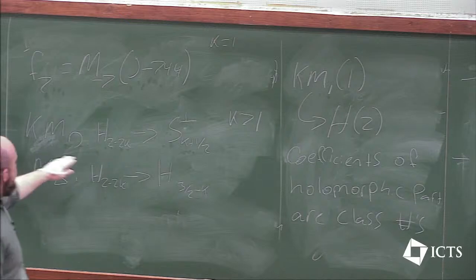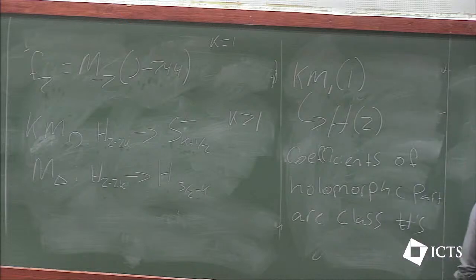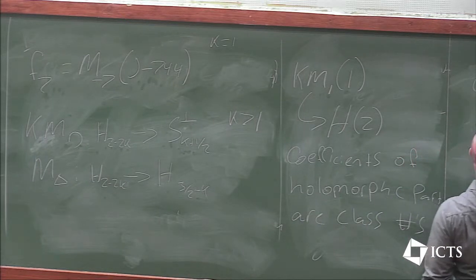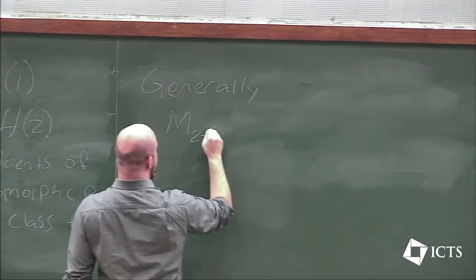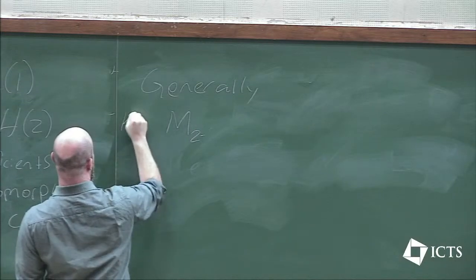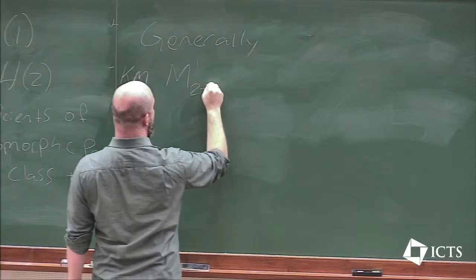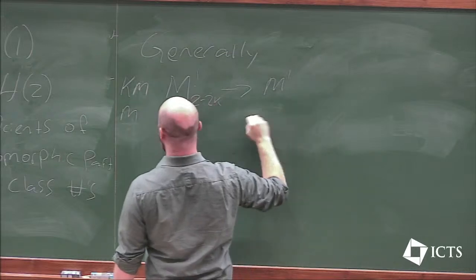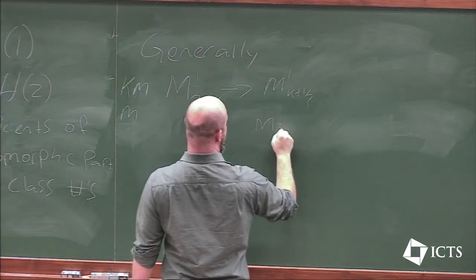So again, generally, and that's this point that I was going to write down here. I didn't write this down, but generally these lifts, so Kudla-Millson and Millson, are going to go from our weakly holomorphic modular forms to our weakly holomorphic modular forms, weight k plus 1/2 or weight 3/2 minus k.